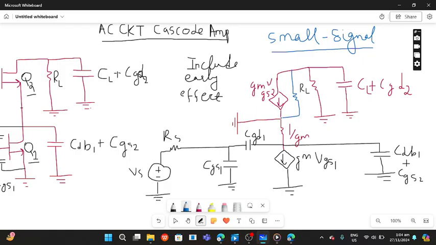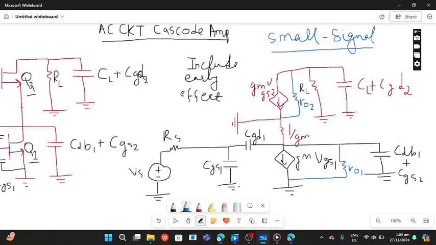Here you will include, and here, it is your R. Early effect is represented by RO, so here it would be RO2 and here it would be RO1.